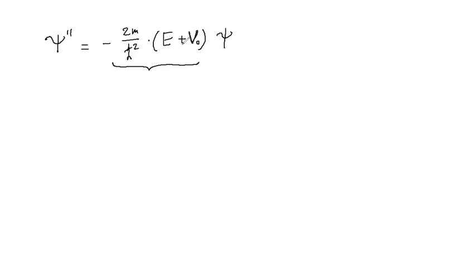Positive. Remember, it makes sense to draw this again. So this is V naught, and this is my energy. It's negative. My energy cannot be greater than V naught, so it's somewhere here. So then this combination is positive. So the total coefficient would be negative.